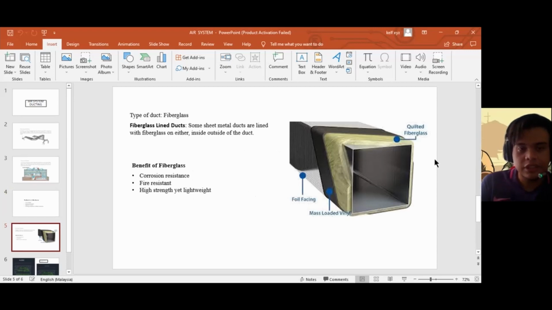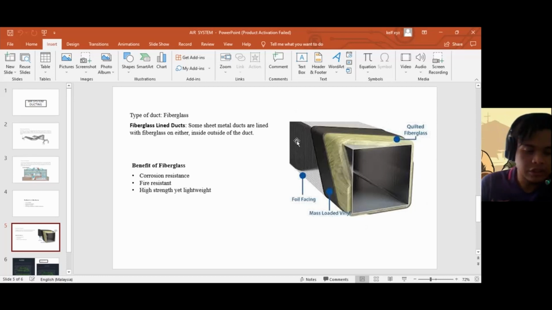Next, the type of duct. For our type of duct, we use fiberglass duct. For some, sheet metal ducts are lined with fiberglass on either the inside or outside. So this is the material we use for our ducting.